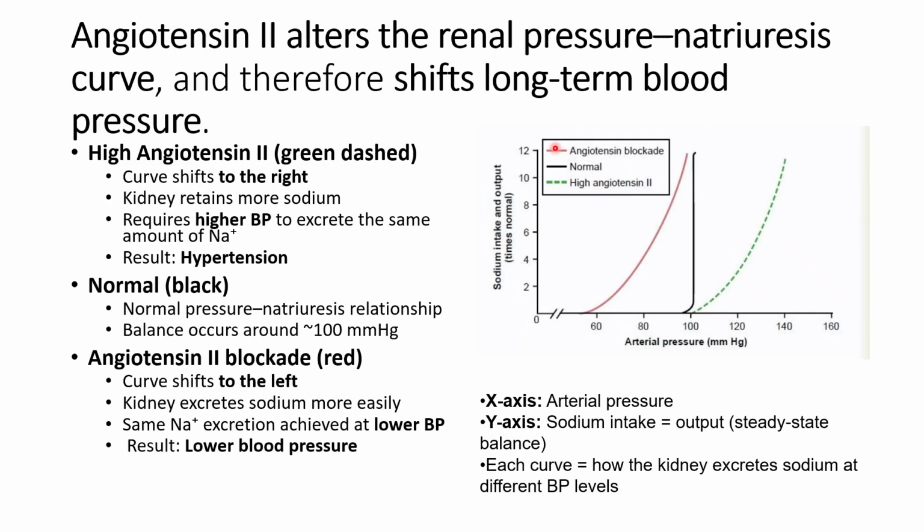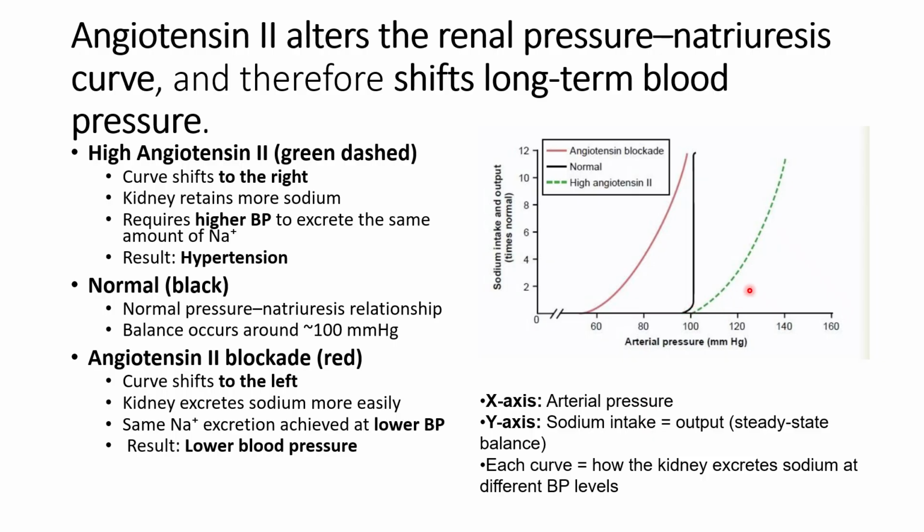Now this graph represents why we use drugs like angiotensin 2 blockers, which can be ACE inhibitors or ARBs. This green curve represents the high angiotensin state. This black line is normal and this red line is the angiotensin blocked state. The x-axis is your blood pressure, the y-axis is your sodium intake equal to output equilibrium state.